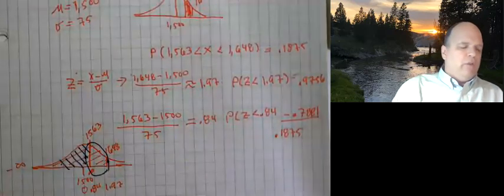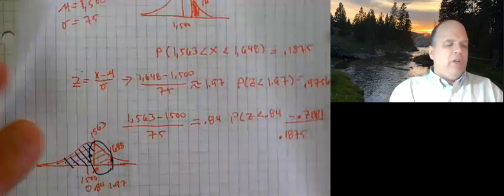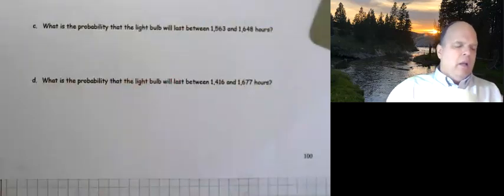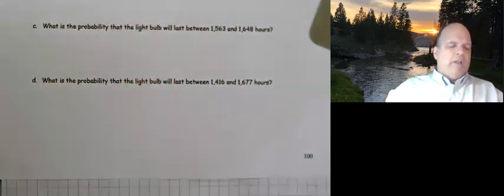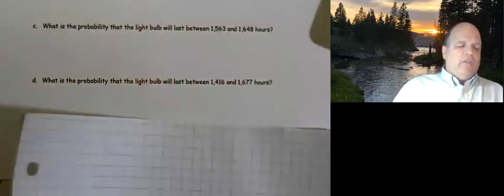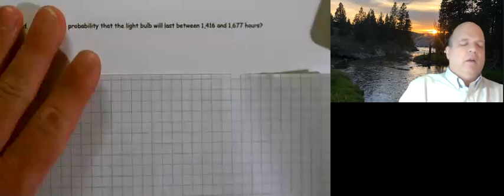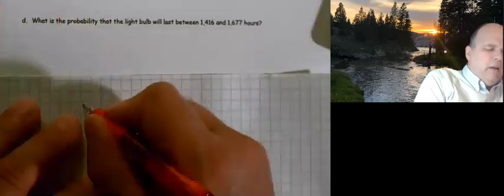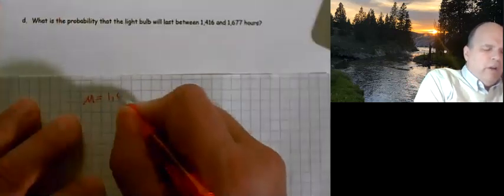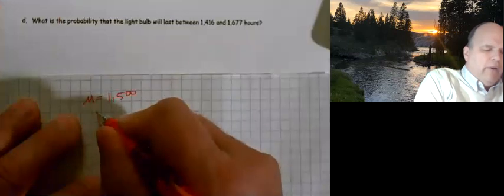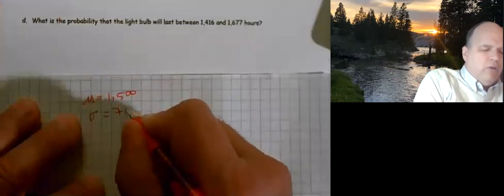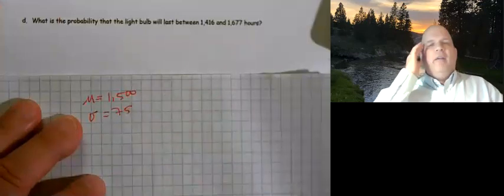So let's try another one just very similar to that one, which is part D. All right, so what is the probability that the light bulb will last between 1416 and 1677 hours? Well, once again, we still have a mean of 1500. We still have a standard deviation of 75.